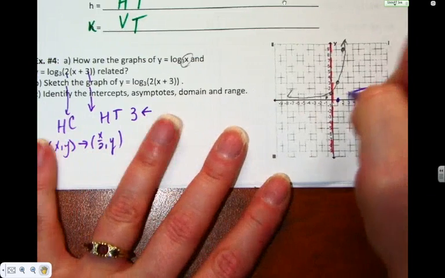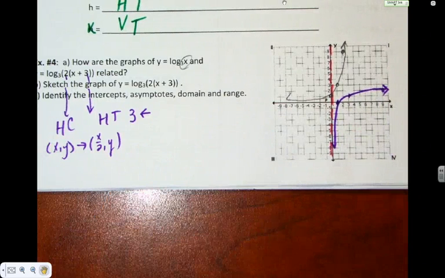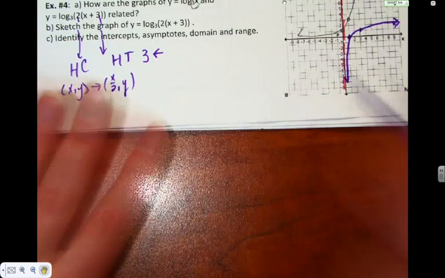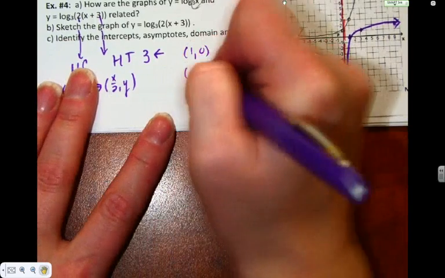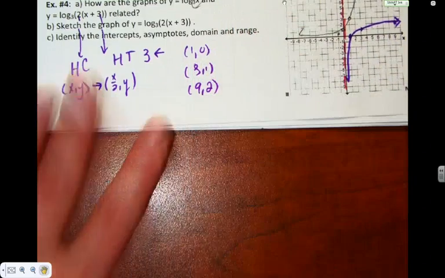And then draw it. That's how I should teach graphing, and then kids just draw it. Okay, now if you're a point person to do transformations, you can just jot down these points. We had 1, 0. This one was 3, 1. 9, 2.